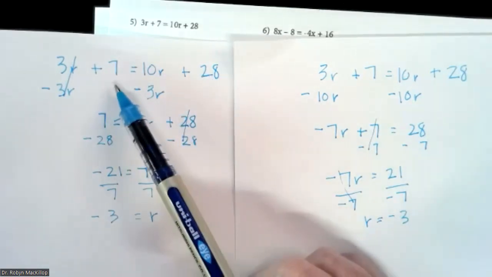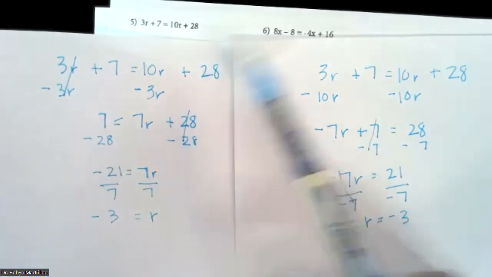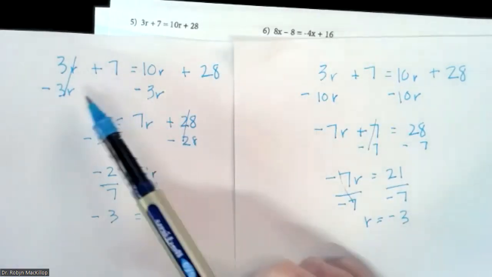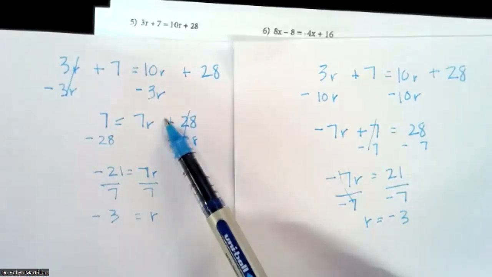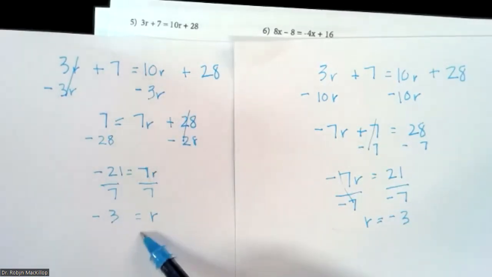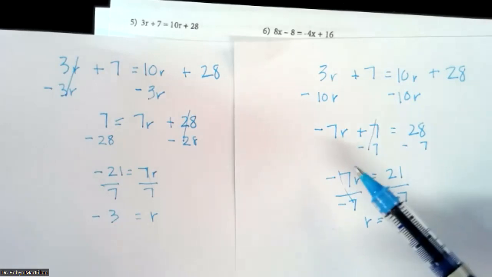If you have a thing about sevens, you can get rid of the 7 first. If you don't like the 28, get rid of the 28 first. It doesn't matter what you get rid of first because it's step by step until you get to the answer. And that's what's really cool about these, they're not going to change.